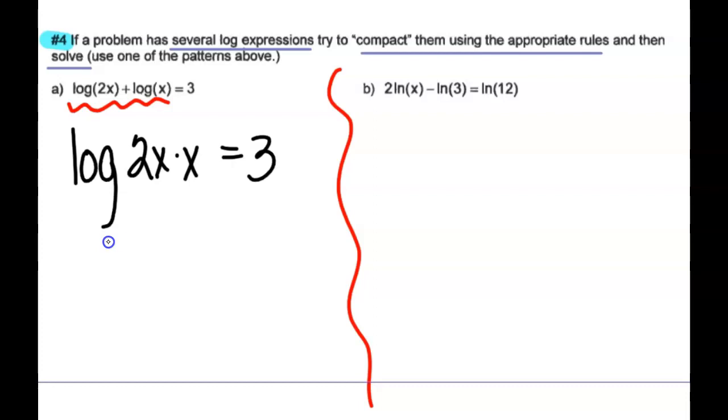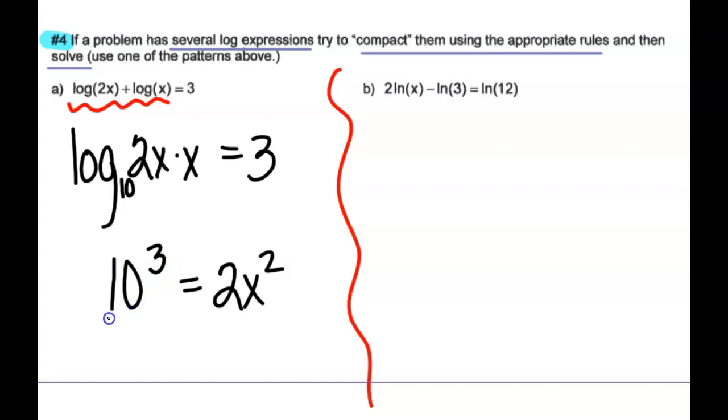Number 3. Number 3, we just need to rewrite this as what? What's the base? 10. The exponent is the answer of the log. And I'm going to write 2x squared this time. Is everybody okay with that? Okay, so finish that up.